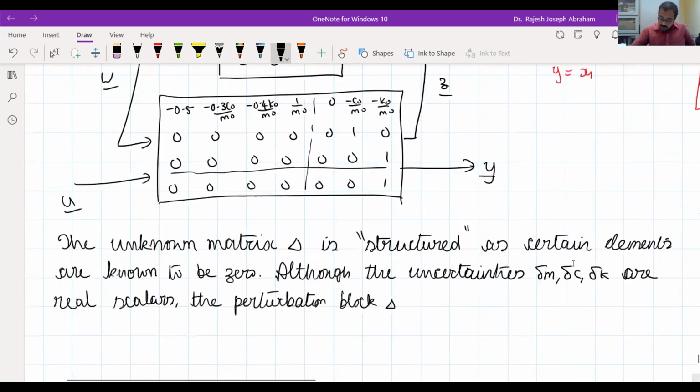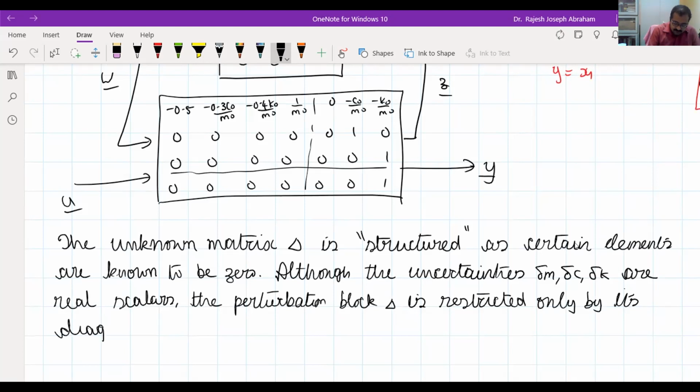So what do we do? The perturbation block delta is restricted only by its diagonal structure, and infinity norm.